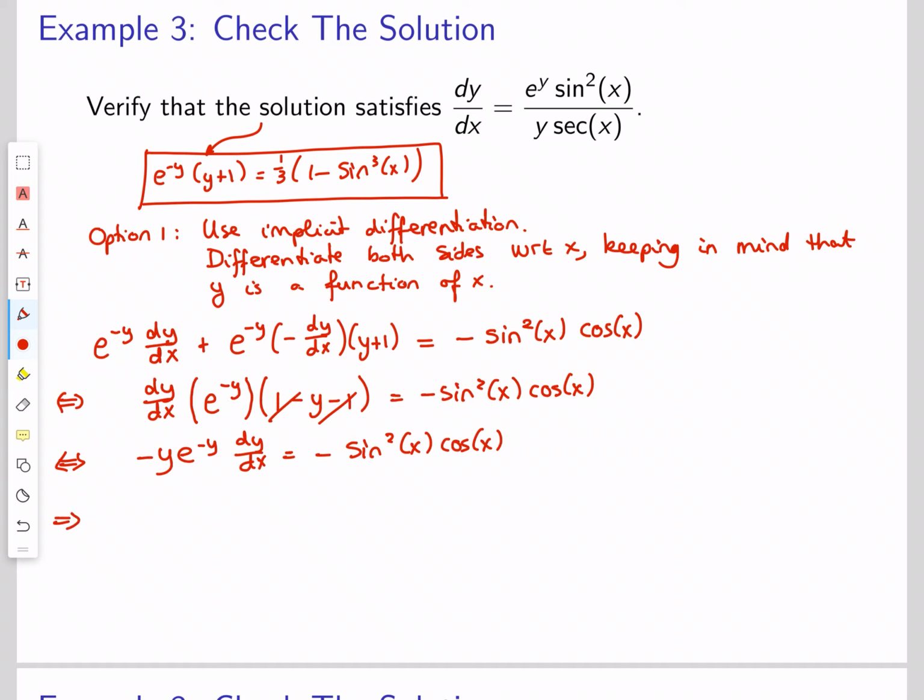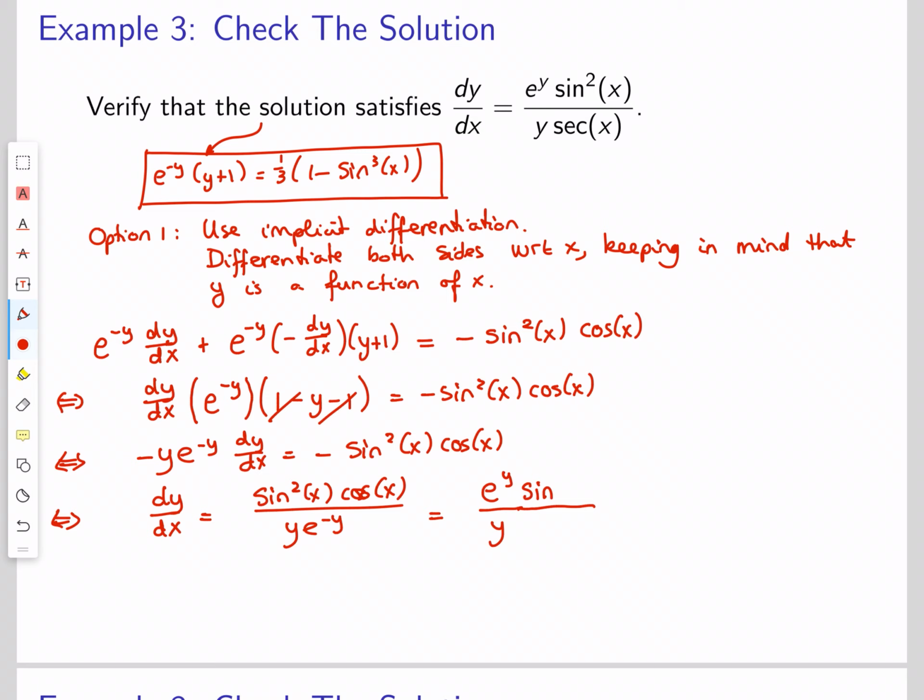And then last but not least, we can isolate dy dx, and so that is sine squared of x cosine of x over y times e to the minus y. If you rewrite this, you can flip the e to the minus y from the denominator up to the numerator, so you end up with e to the y over y.